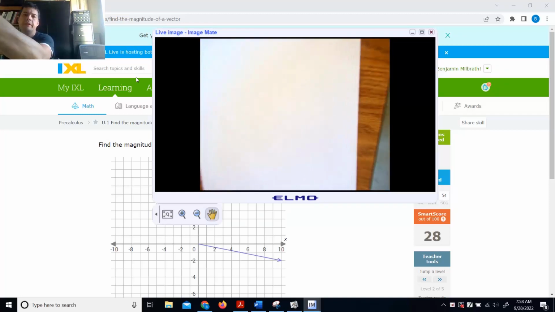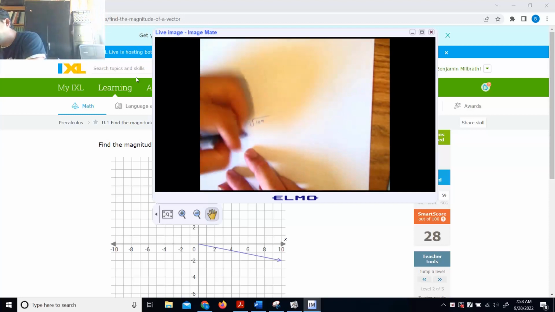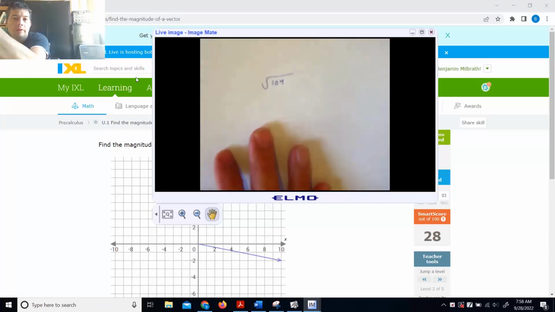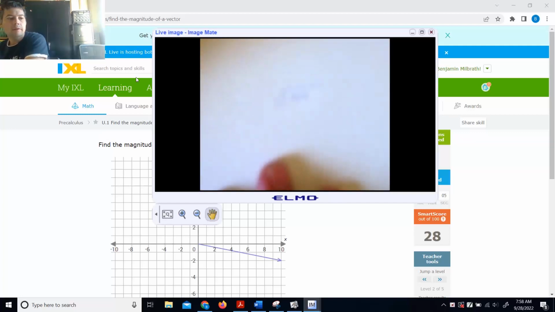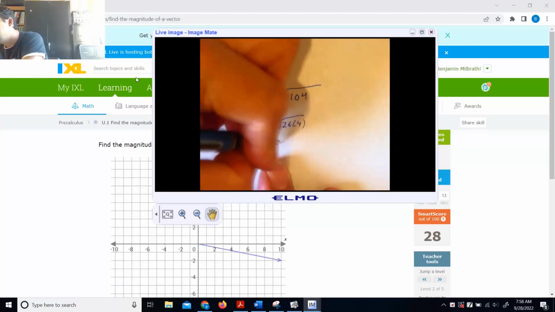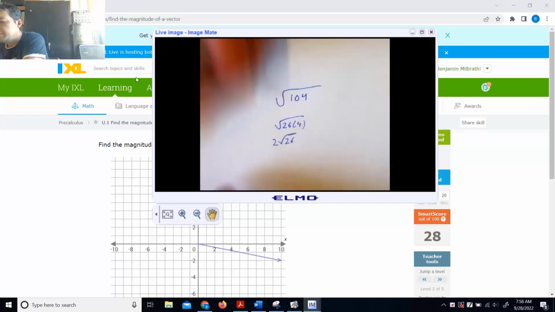But just a refresher in case you forgot. The root of 104 can be thought of, boy, that's tiny. Zoom way in. I believe you can think of it as 26 times 4, which is 2 root 26. So play around, figure out what you can go into, and I really think IXL likes things that are multiples of 4.